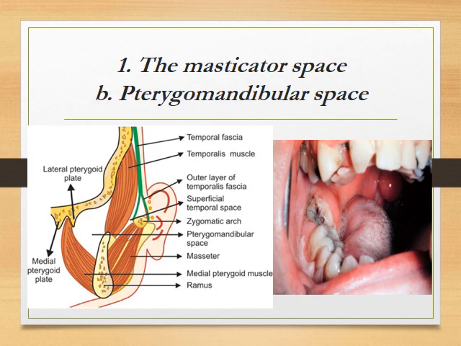It is located between the medial pterygoid muscle medially and the medial surface of the ascending ramus laterally. This is the pterygomandibular space. Its content is the mandibular division of trigeminal nerve, inferior alveolar artery, and vein.